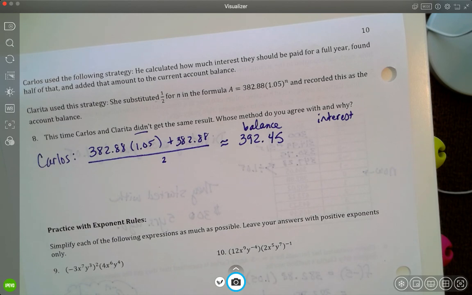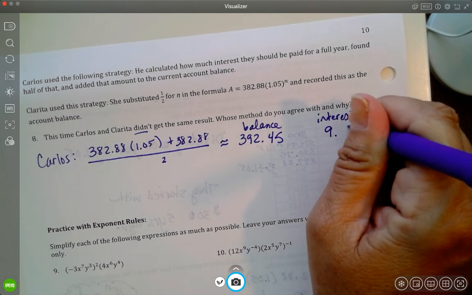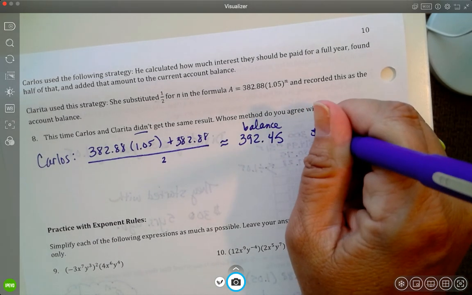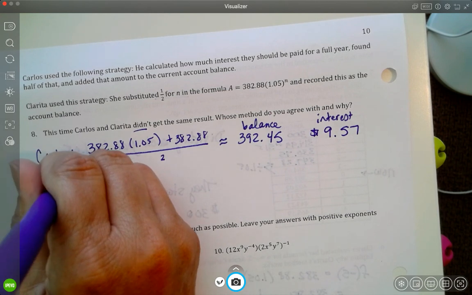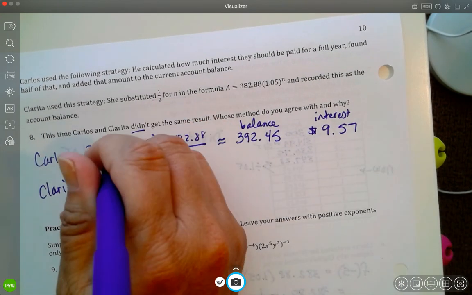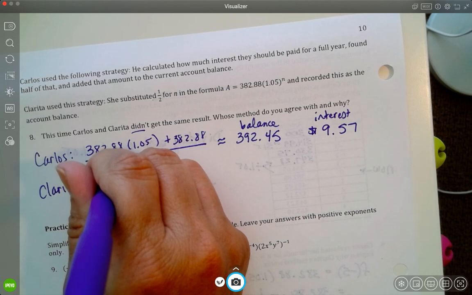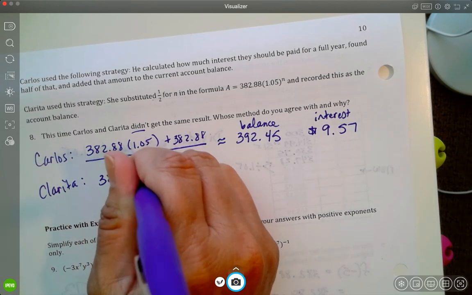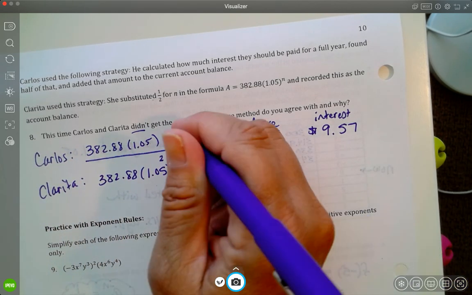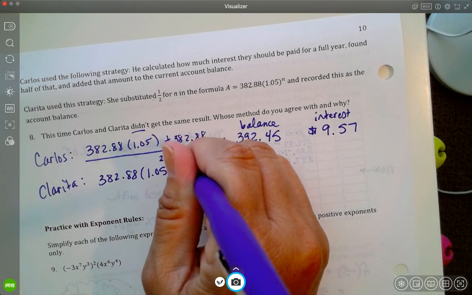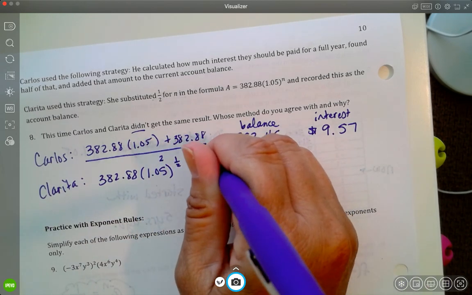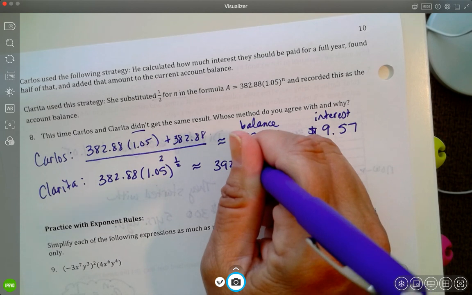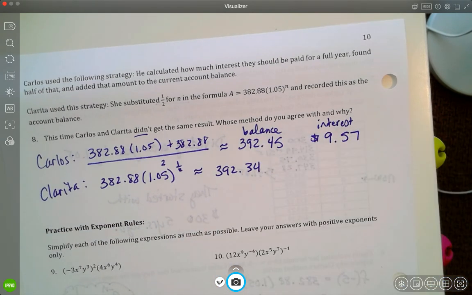And so his interest is $9.57. Okay, let's look at Clarita's though. Remember, Clarita actually used her formula, 382.88 times 1.05 to the 1/2. We just did this, and she got 392.34 for the balance, and so her interest was 9.46.